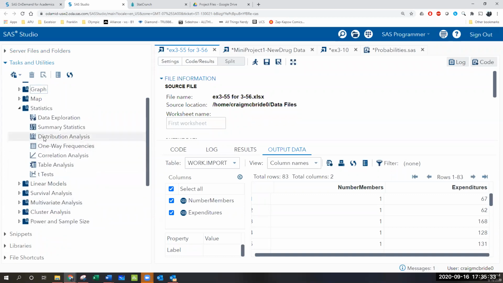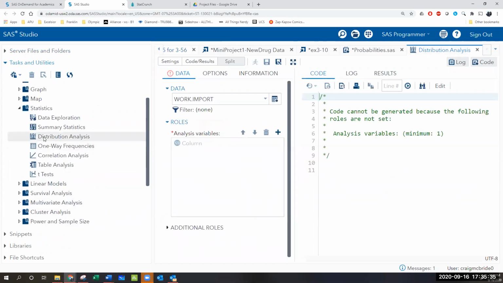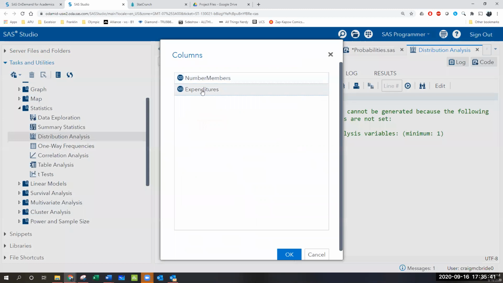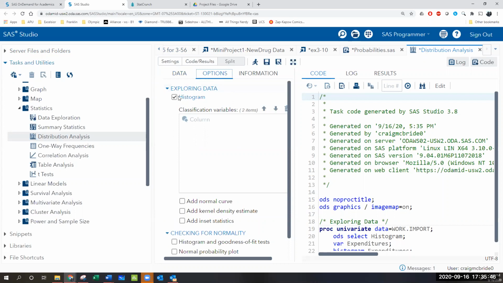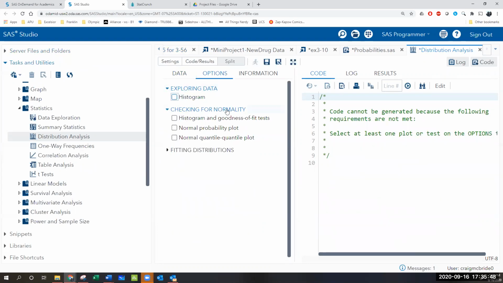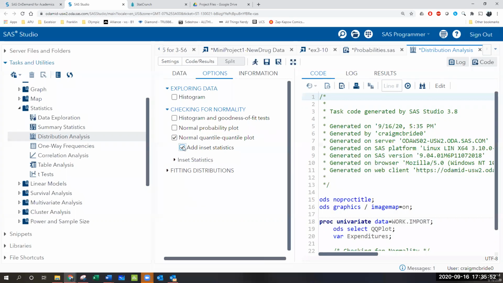Is it distribution analysis? Yes, thank you. And then expenditures, and then options, right? We don't need the histogram, but we want the normal QQ plot, and then add the inset statistics. Under inset statistics, you want the goodness of fit test.